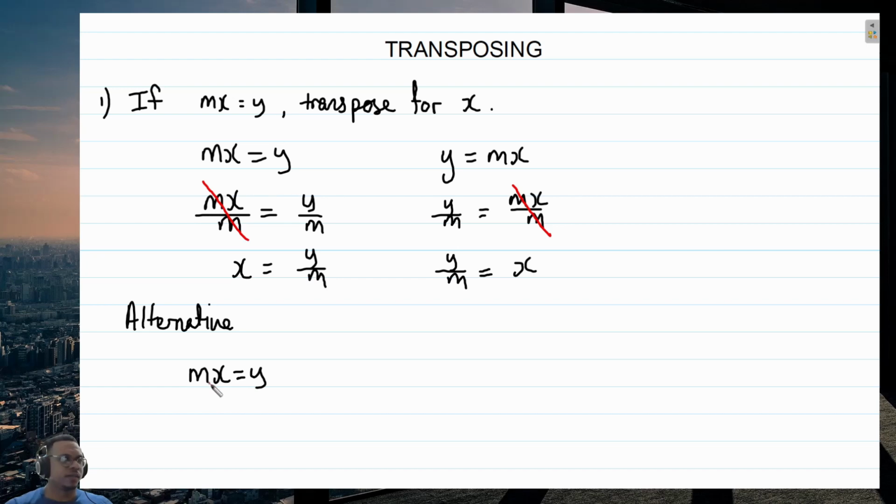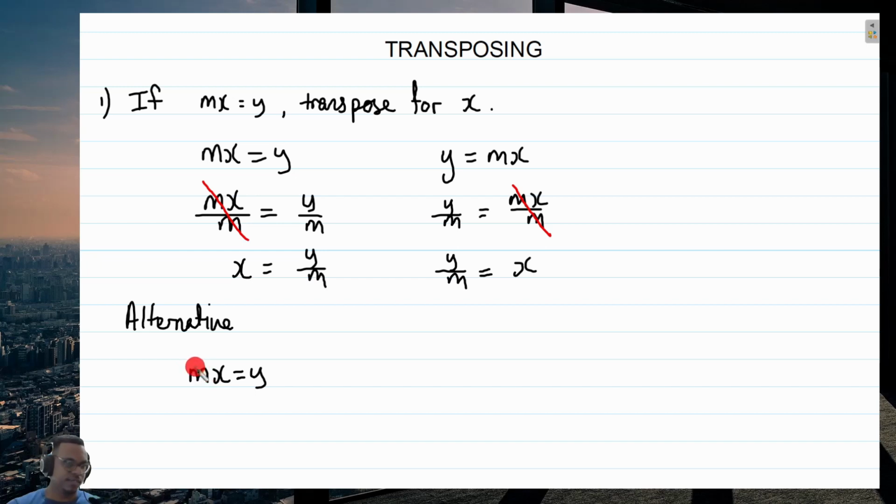Now here I want to look at an alternative way to do this same question. So we're going to be transposing for x, which means we want to get rid of this m and bring it across on the right-hand side. Now, when we look at the operation between the m and the x, that operation is multiplication. M multiplied by x.